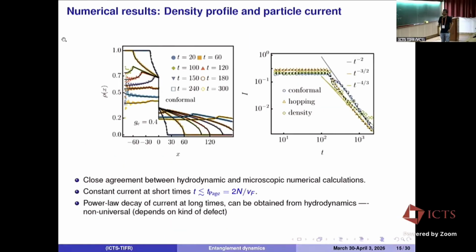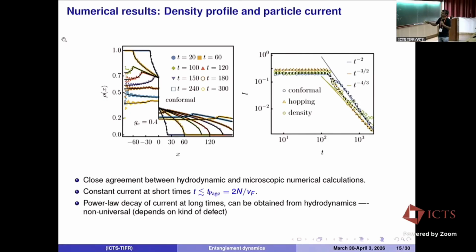Now given this solution, we know how to compute, let's say, the density profile and the entropy. These are results for the density profile: the points are the results from exact numerics, and the solid lines are from the hydrodynamic theory. At t equal to 0, it was 1 and 0 here.